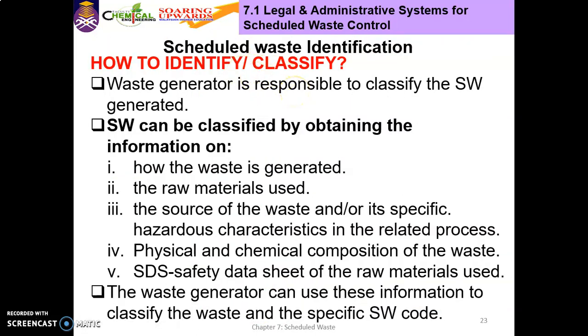So how to identify and classify scheduled waste? It is the responsibility of the waste generator to classify the scheduled waste generated. Scheduled waste can be classified by obtaining information on how the waste is generated, the raw material used, the source of the waste, the hazardous characteristics in the related process, the physical and chemical composition of the waste, and lastly the material safety data sheet, MSDS, of the raw materials used.